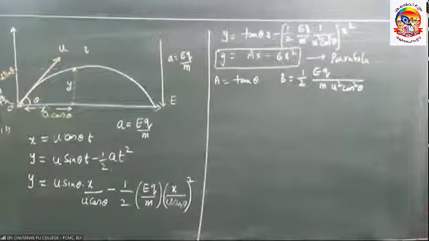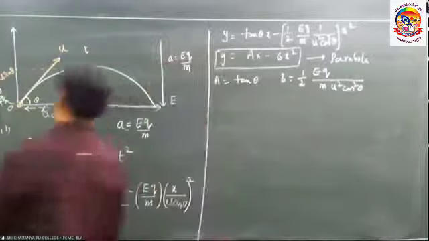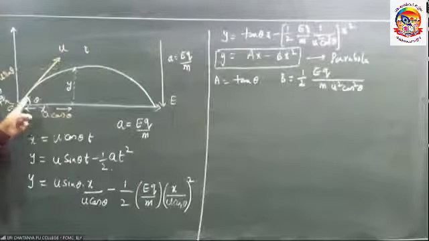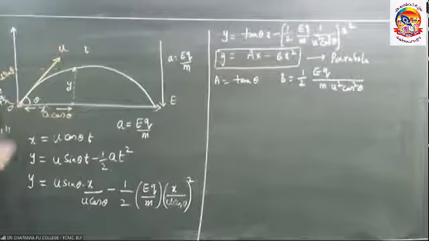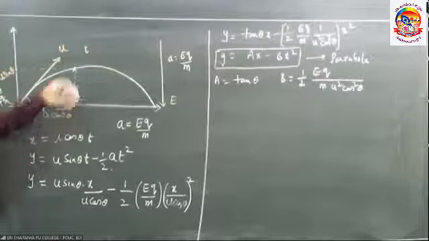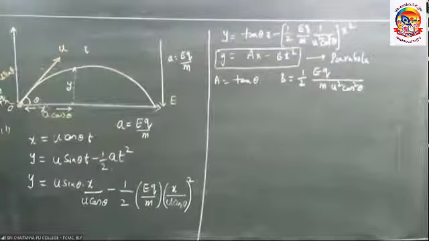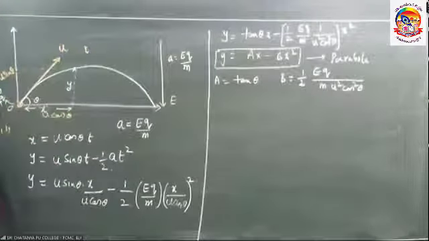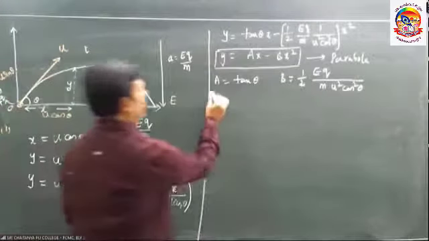So whenever a charged particle is released making an angle theta with the horizontal, in a vertical field, it follows a parabolic path. Clear? Come on, let's recall some of the formulas.